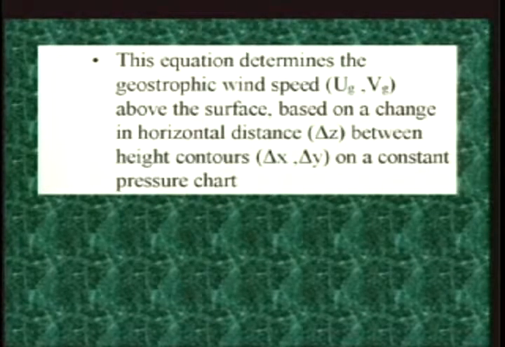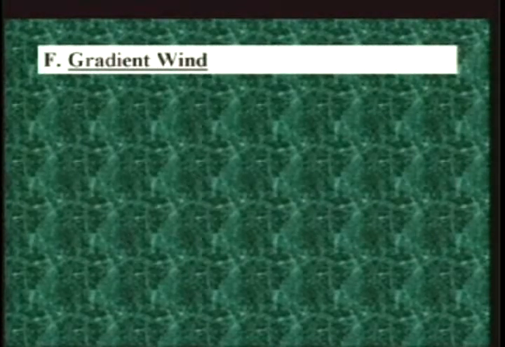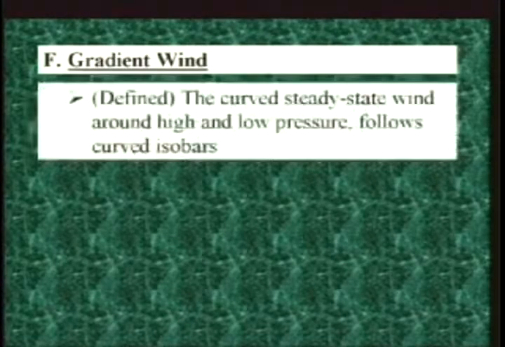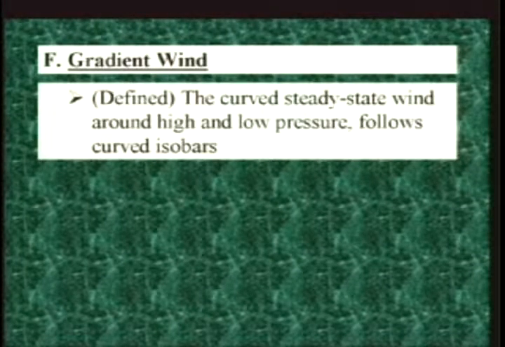And again, just recapping some things from basic meteorology. Your geostrophic wind will flow with the general height lines. Your gradient wind. Gradient wind defined: the curved steady state wind around high and low pressure follows the curved isobars.